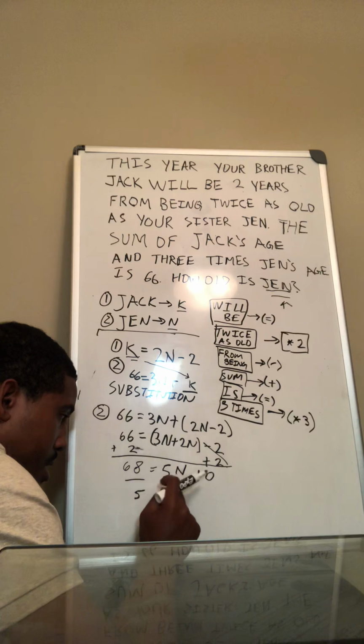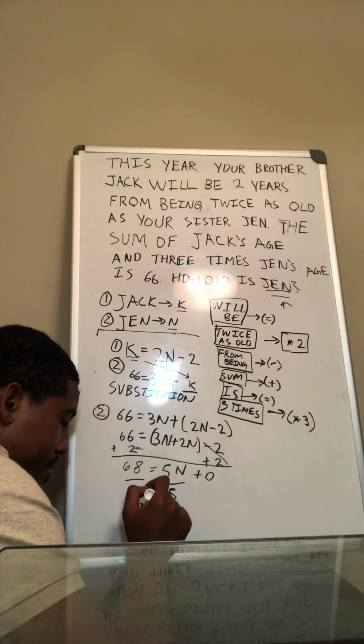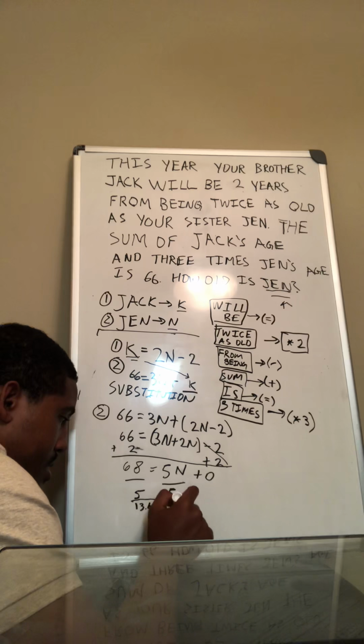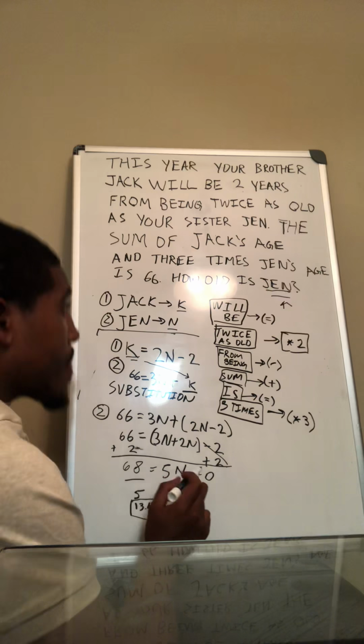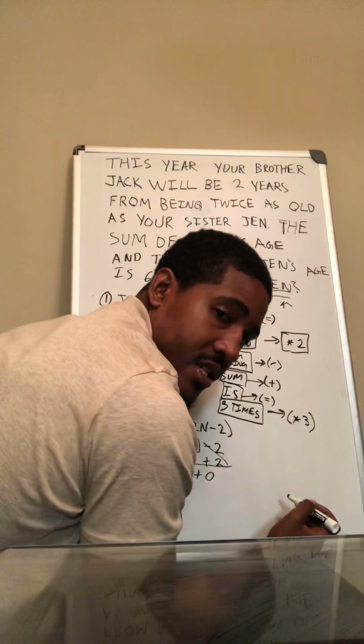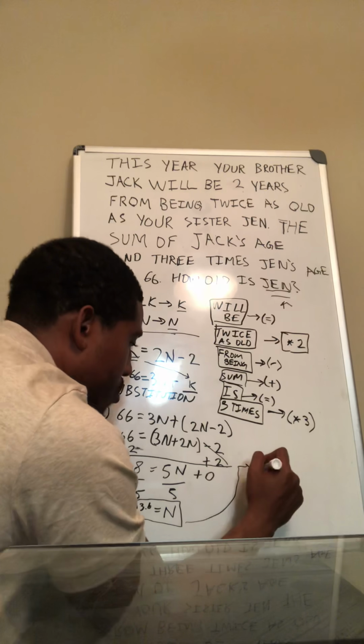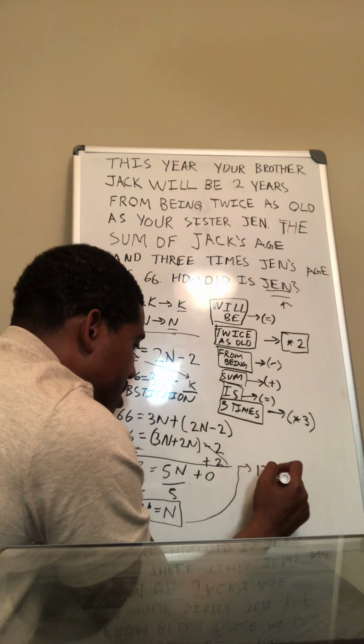Jen is about, what do we say, 13.6. So if you wanted to convert this number 13.6 into years and months, of course, the whole number 13 is how many years old she is.